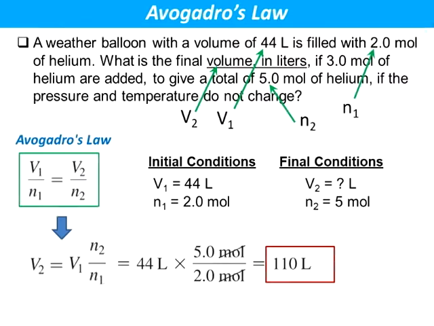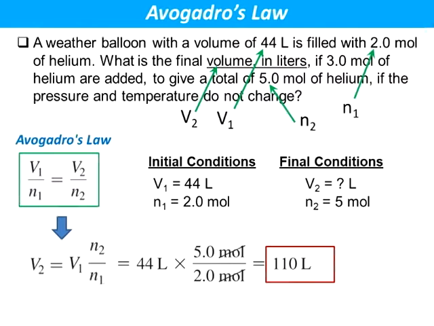Now, notice something here. It's very important when we start to assign the variables. The initial conditions are 44 liters and 2 moles. There was an increase by 3 moles to 5 moles. Do not make the mistake of using the 3 moles, which is the value of the increase, for the final. What you're interested in is how many moles there were initially and how many moles there are finally.